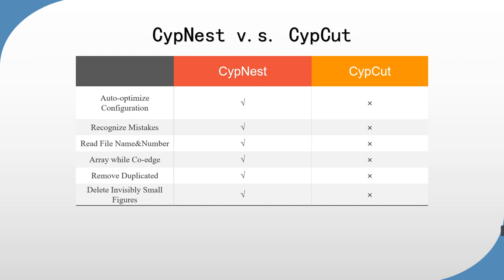When it comes to cutting path, the remnant path types CypCut supports are rather limited, and it has only one sorting way of manually clicking. On the contrary, however, CYPNEST provides you with both manual setting and auto-generating for remnant lines.